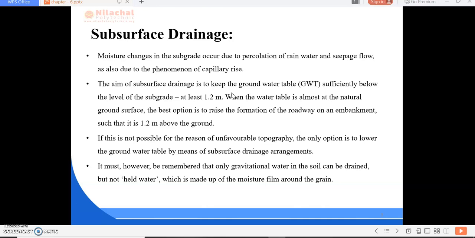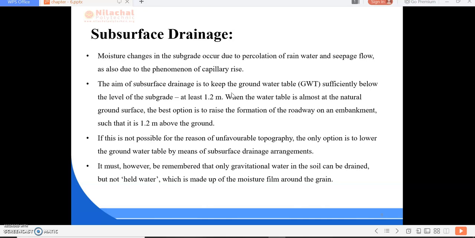The aim of subsurface drainage is to keep the groundwater table, GWT, sufficiently below the level of the subgrade, at least 1.2 meters. When the water table is almost at the natural ground surface, the best option is to raise the formation of the roadway on an embankment such that it is 1.2 meters above the ground surface.